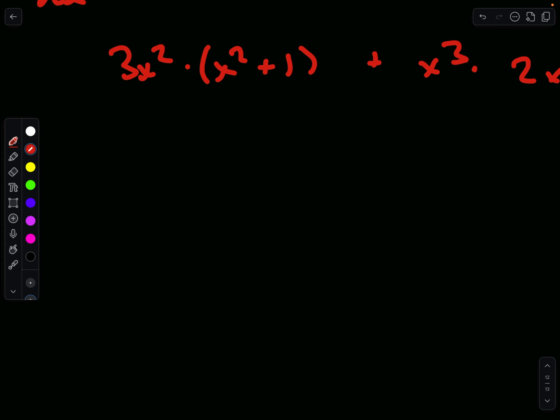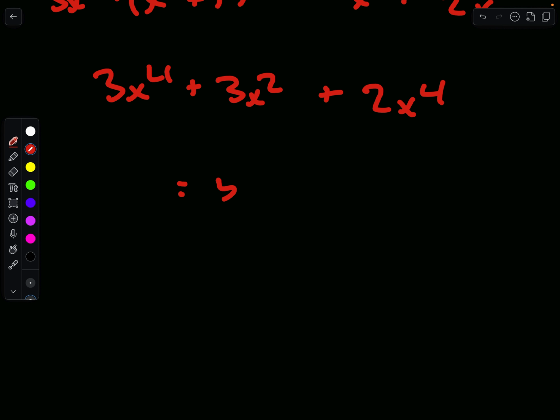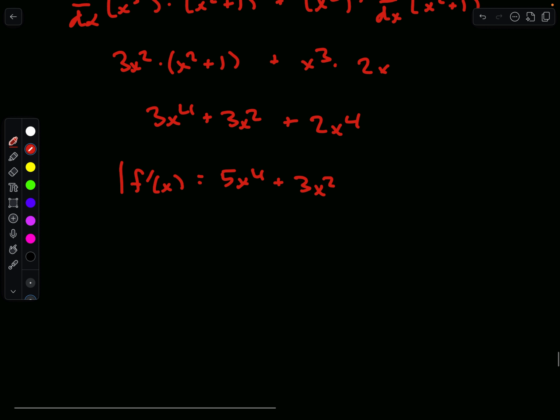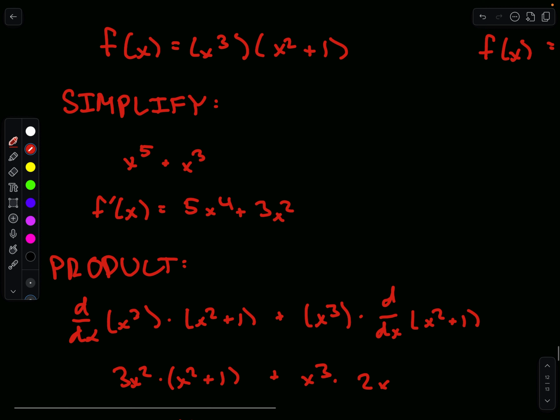Simplifying this gives 3x to the fourth plus 3x squared plus 2x to the fourth, which is 5x to the fourth plus 3x squared, equal to f prime of x. So you can see that simplification is usually faster.